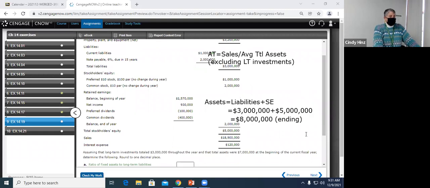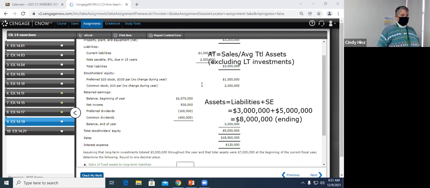Okay, we're getting closer. Remember, we're going to exclude our long-term investments, and we're told right here that our long-term investments were 3 million. So total assets excluding long-term investments at the beginning of the year, 7 million minus 3 million, would be 4 million. At the end of the year, it was 8 million minus the 3 million, or 5 million.